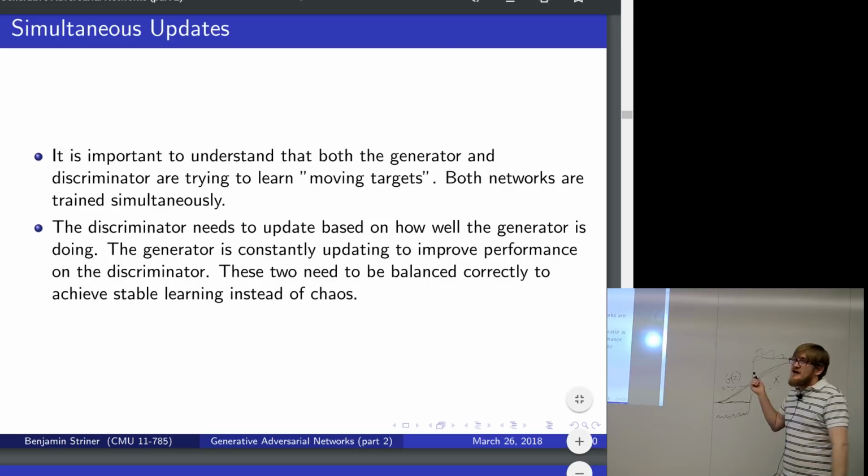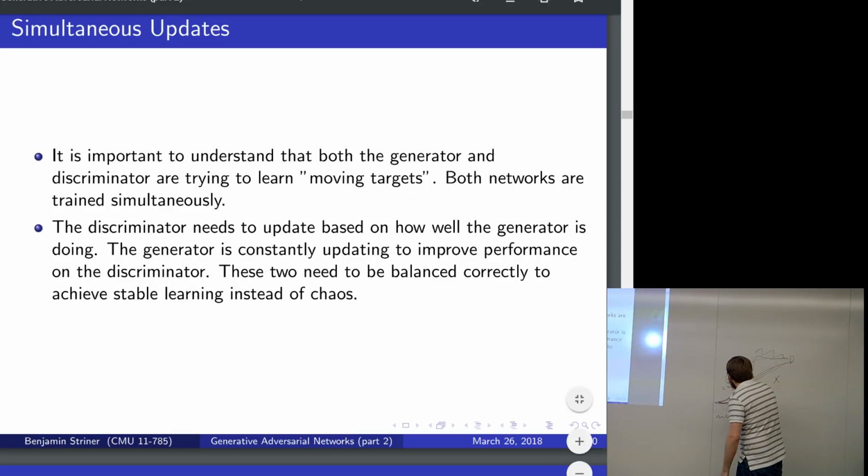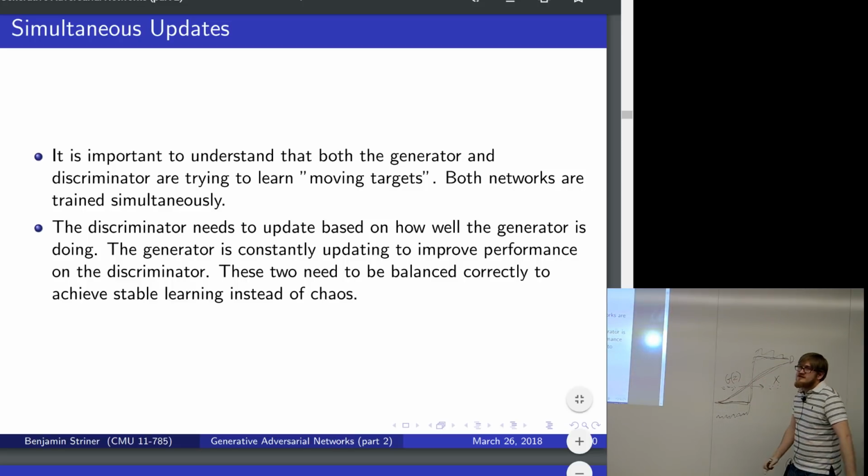But on the flip side, if you train your discriminator all the way, then this is what you end up with. If you train something with a sigmoid output for 100,000 iterations, it's eventually going to get these very flat, useless curves.